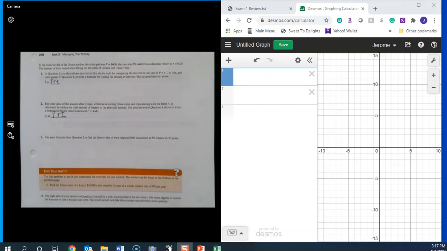That's basically what future value is. It's the principal plus the interest. Because remember, if you put your money in an account, you would expect to earn interest. And when you earn interest, you expect that interest to be added to the original amount that you invested. So that is why your future value is the principal plus the interest.